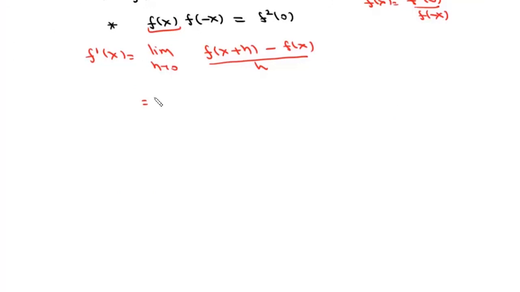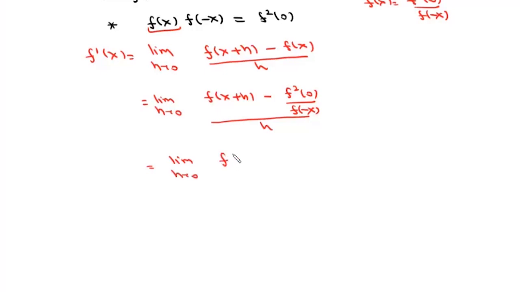So it will be this limit h tends to 0 of f(x plus h) minus f square 0 upon f(minus x), divided by h. Now we can write this as limit h tends to 0 of f(x plus h) into f(minus x) minus f square 0, upon f(minus x) into h.